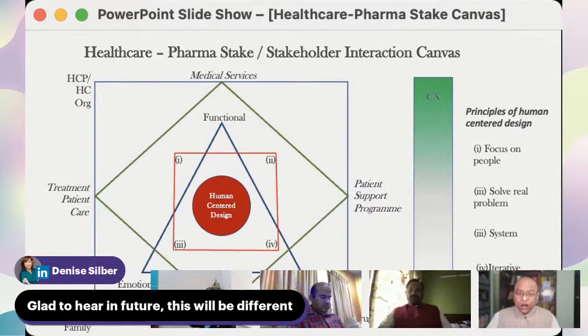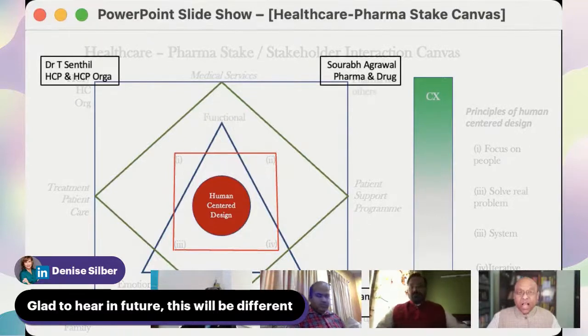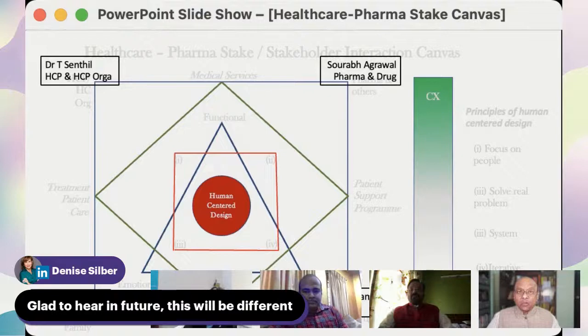Before I invite my panelists, I wanted to assure you that based on this canvas, we have four people to help you understand or to inspire you at least to know more on this topic. We have Dr. Senthil, who is not only an ophthalmologist, but he himself leads a movement among the ophthalmologists in India by helping them improve the patient experience and improve the ophthalmic practice, medical practice.